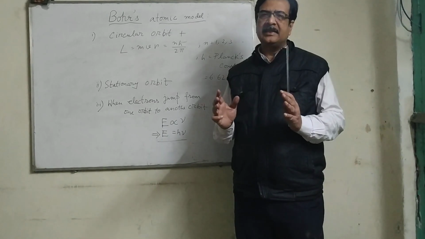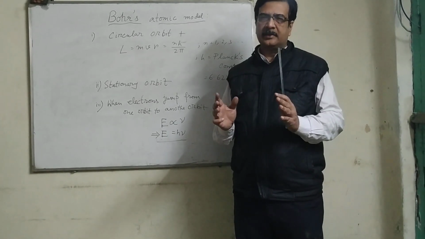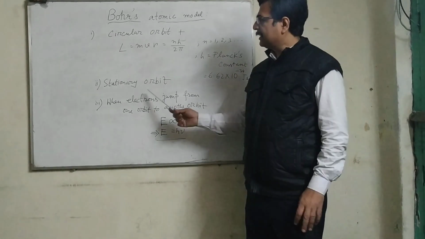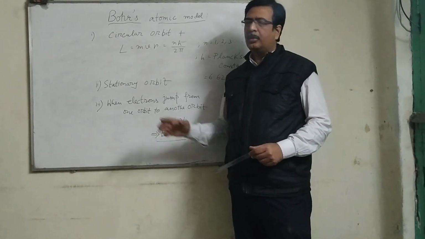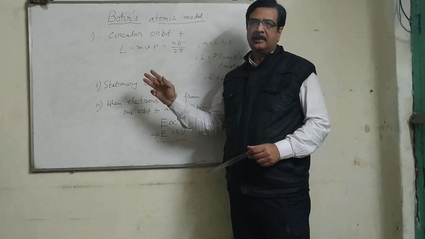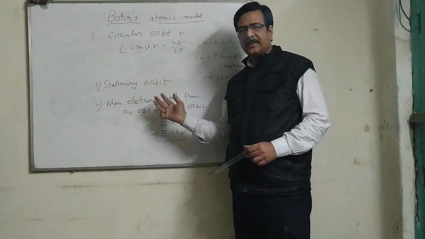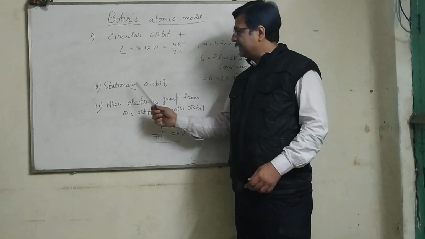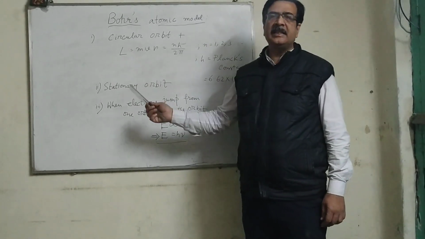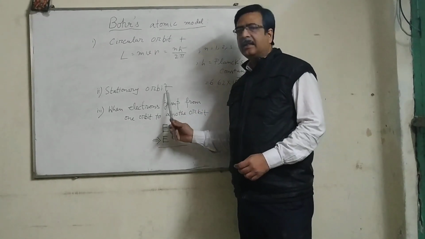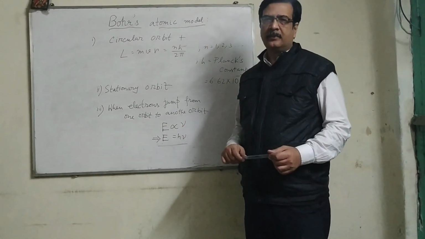So this energy is constant, and that's why it is called stationary energy level. In a particular orbit there is a fixed amount of energy, in another orbit there is another fixed amount of energy. So all these levels are stationary energy levels or stationary energy states. So this is the second assumption.